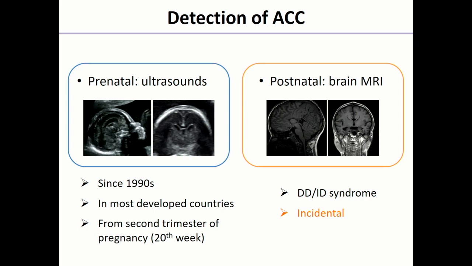But in some cases, for individuals born before the 1980s or born in countries where ultrasounds are not performed routinely, we can also detect this condition postnatally, in the context of a developmental delay or intellectual disability syndrome, or incidentally. You will see that later on.